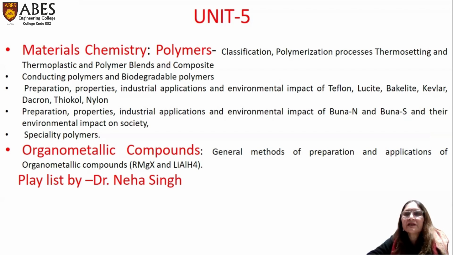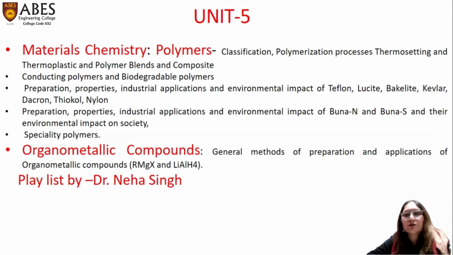And after that, we will discuss synthetic rubbers, Buna N and Buna S, and their environmental impact on society. And we will also discuss specialty polymers. Lastly, in this unit, we will discuss organometallic compounds.